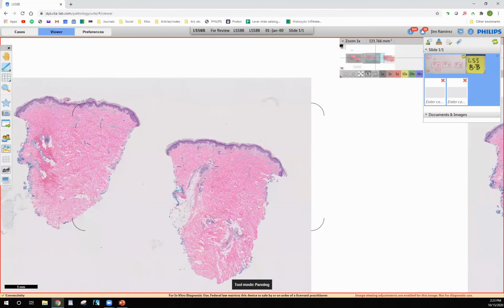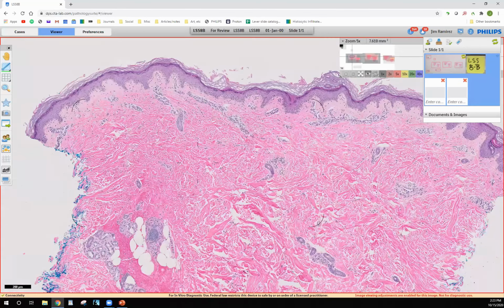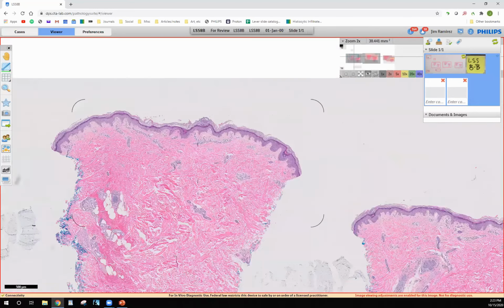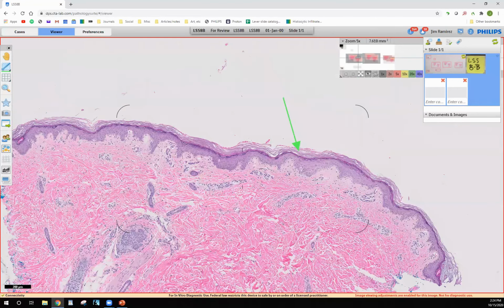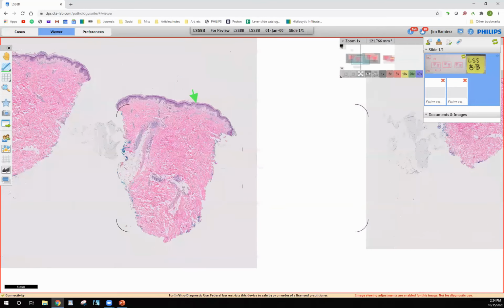We'd find out from reading the requisition or from talking to the clinician that this patient had reticulated lesions, maybe on the trunk, maybe on the extremities, and that they were exposed to heat. So this is actually a nice example of Erythema ab igne. But the point I want to make is that this can be a very difficult diagnosis, almost like an invisible type process.